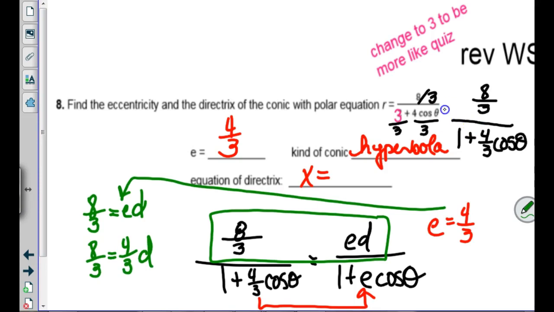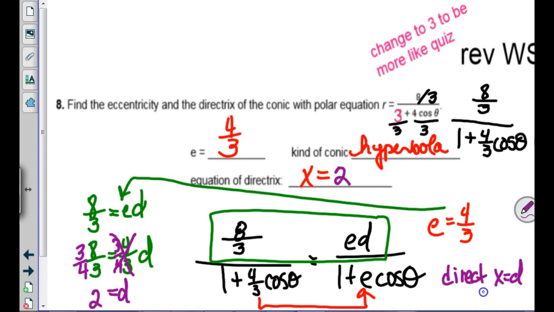So for those of you who have trouble with fractions, to get rid of 4/3, we need to do the reciprocal to both sides. So this will be nothing, just 1. And over here, we get 24 over 12, or 2. So d is just 2, so we have x equals 2. And it's positive because the little pink sheet said when it has 1 plus e cosine that the directrix is x equals d, positive. e and d are always positive by definition. All right.